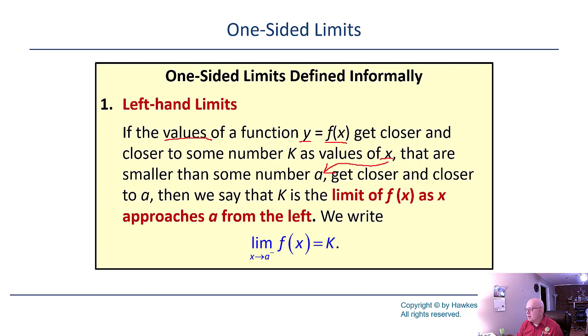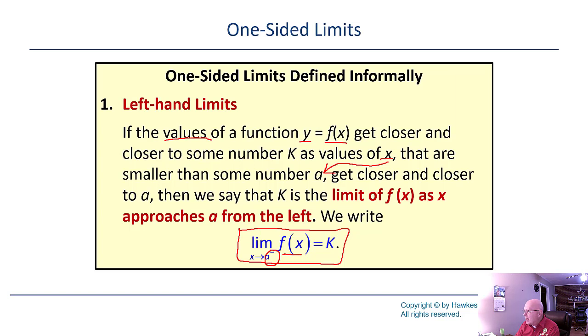If we have a limit, that means the limit of f of x, that's our function, as x arrow a with a minus sign up there, means if you took the value of a, whatever that number is, and just shaved off a real tiny amount, x is approaching those values.